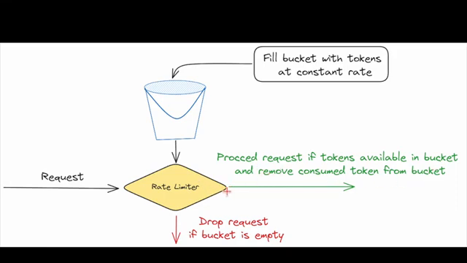If there are not enough tokens in the bucket, the request is dropped. This is how the token bucket rate limiter algorithm works.